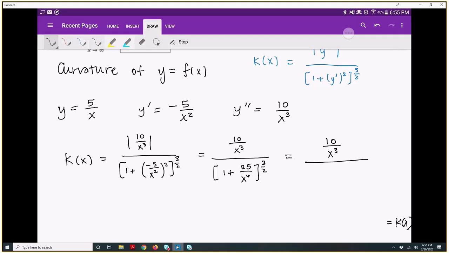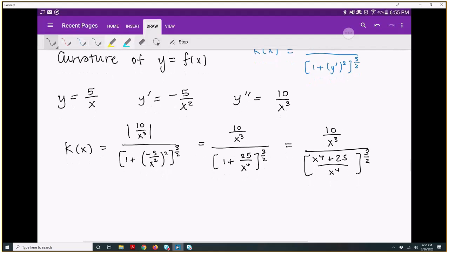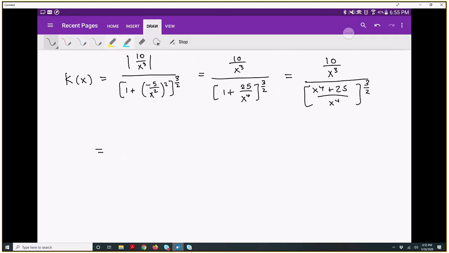So here I'm going to have x to the power 4 plus 25 over x to the power 4 whole to the power 3 over 2. And we know that that power gets applied to both parts of the fraction, so this is 10 over x cubed divided by x to the power 4 plus 25 whole to the power 3 over 2 divided by x to the power 4, and when I raise that to the power 3 over 2, that's just x to the power 6.